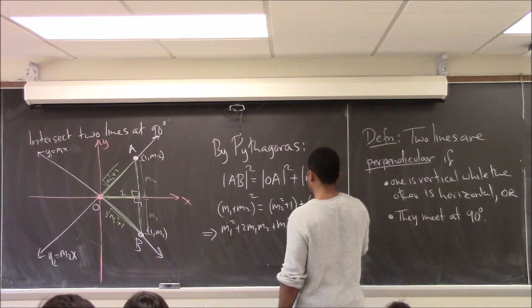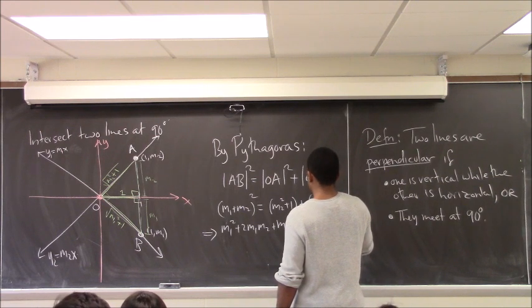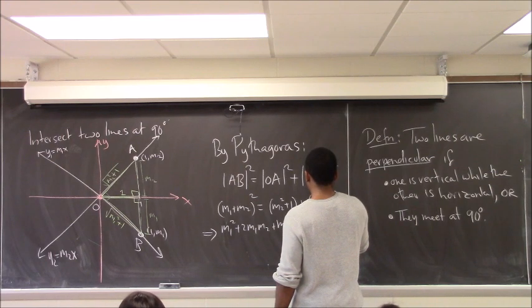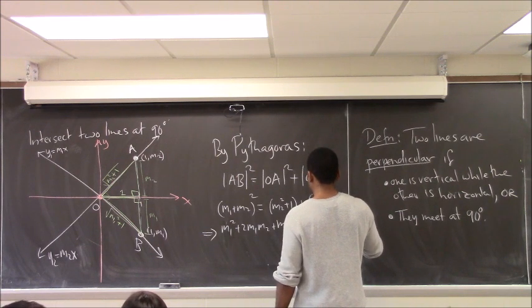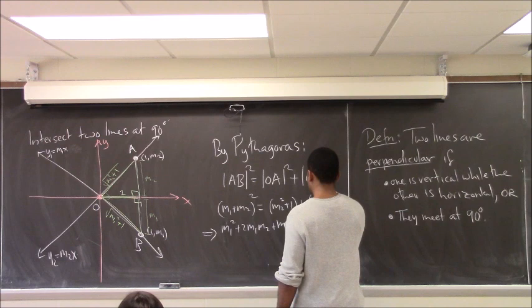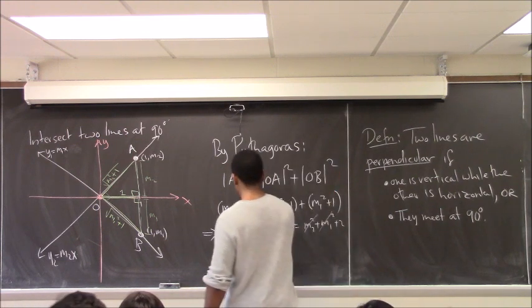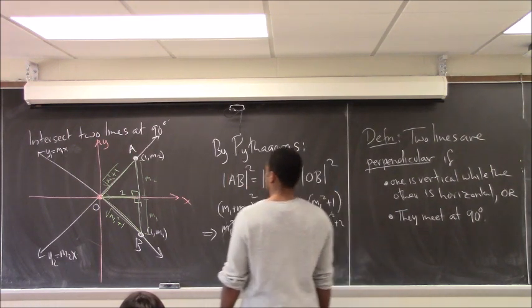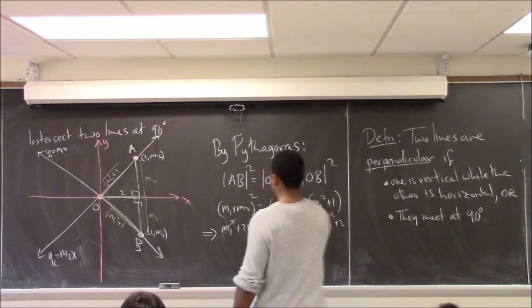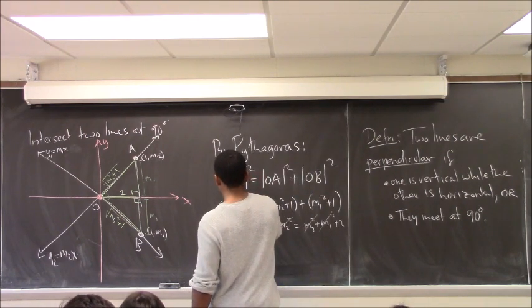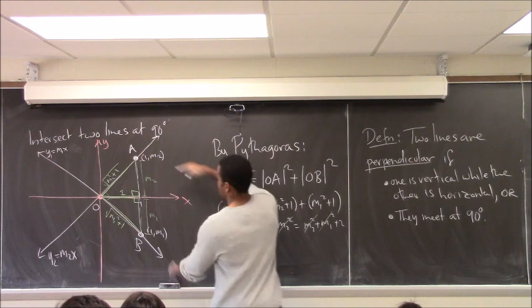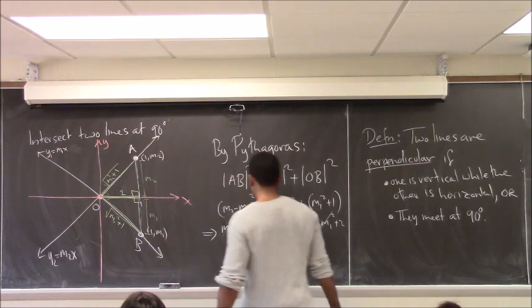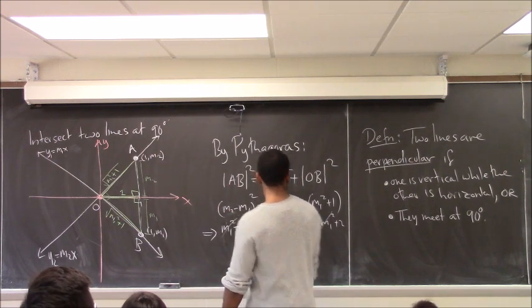And so this is going to be m2 squared plus m1 squared plus 2. Subtract this from both sides. Oh, sorry. This is actually m2 minus m1. It's a vertical distance, so this would be a minus.